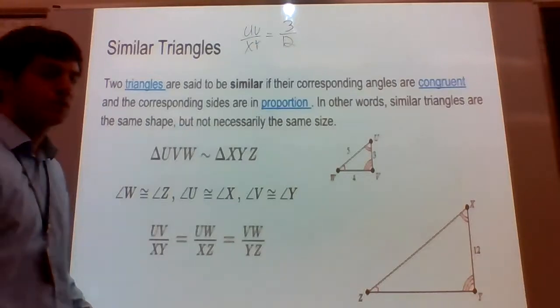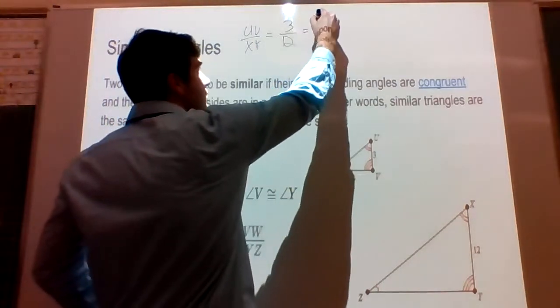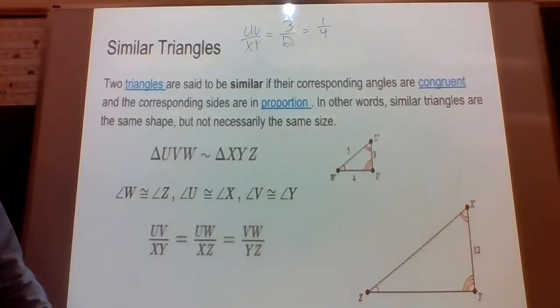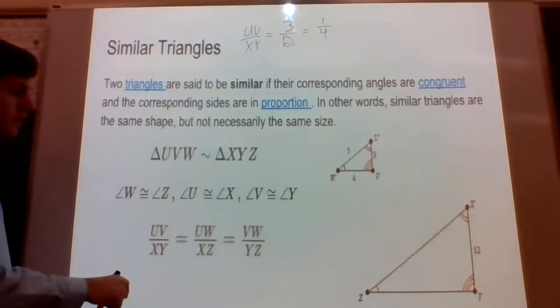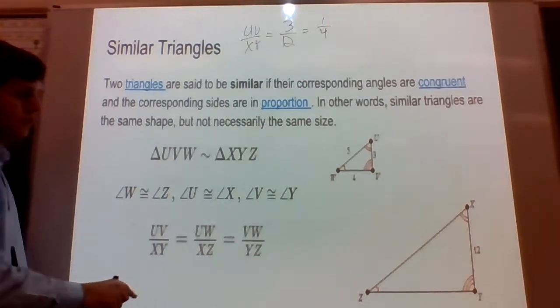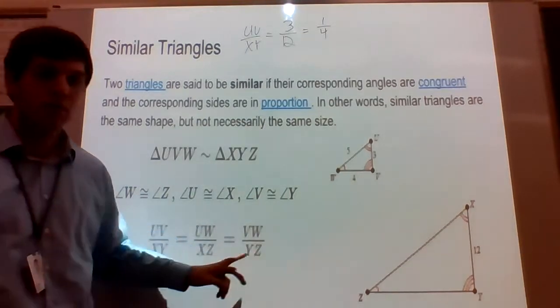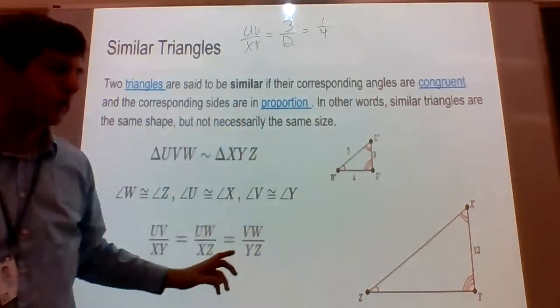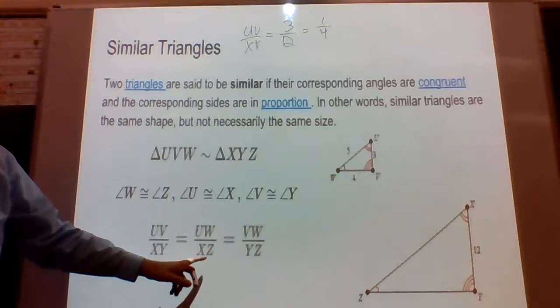Well, 3 over 12 reduces to 1/4 if we divide the numerator and the denominator by 3. So the ratio is 1/4. So what do we know all the other ratios are going to equal? They're going to equal 1/4. All the ratios are going to equal 1/4.